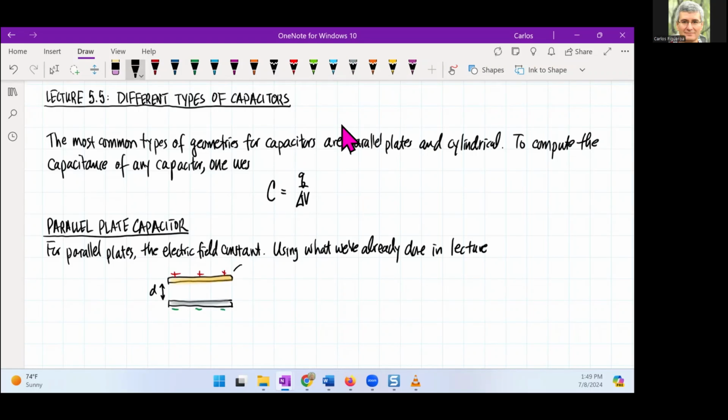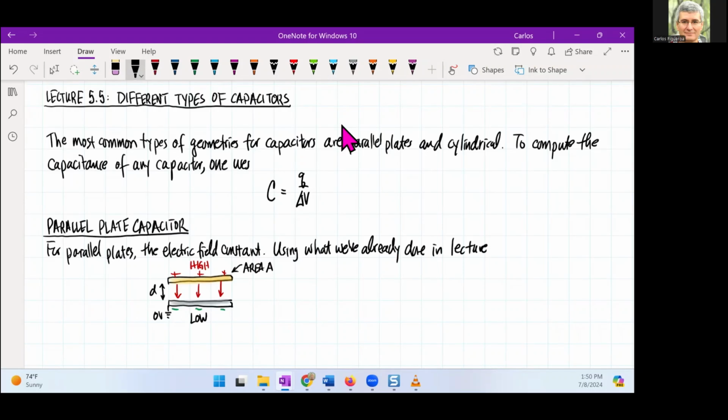Of course, we have an area, A right there, and then we're far away from the edges so that I have a uniform electric field. So language-wise, we typically put the lower plate at 0 volts, meaning that it's the ground. So in other words, this is the low potential. Up here is the high potential.